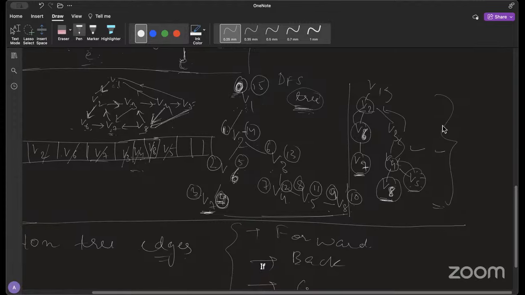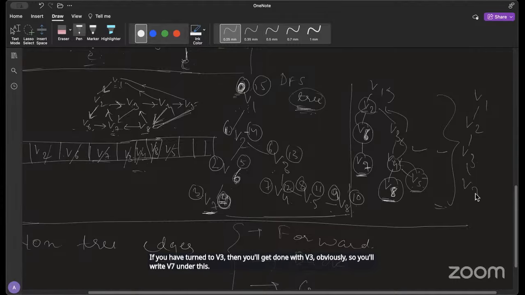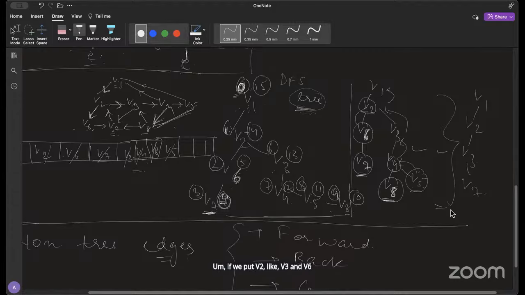If you start with V1, V2, and then you write V3, then you'll get done with V3 obviously, so you'd write V7 under this. If we put V2 with V3 and V6, and mark V3 to V7.